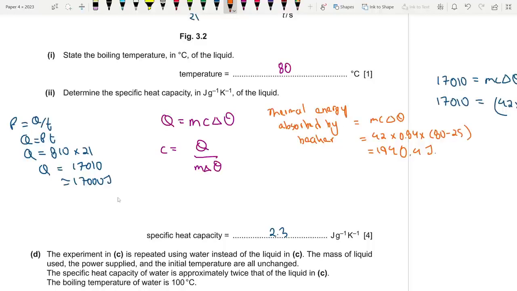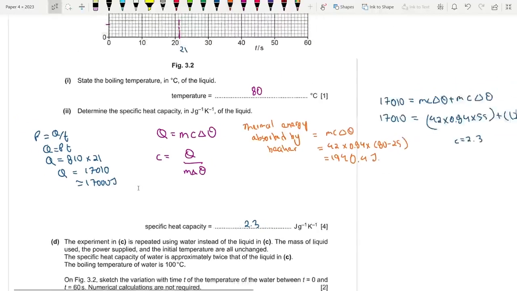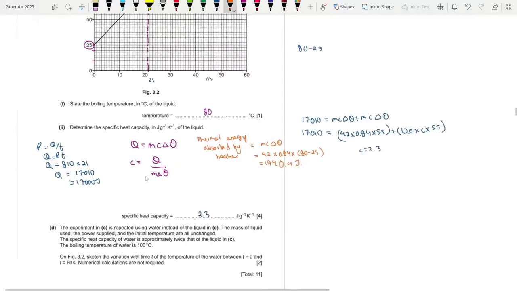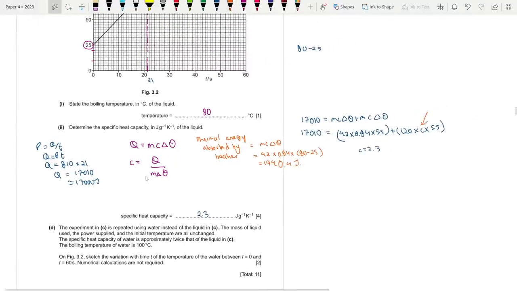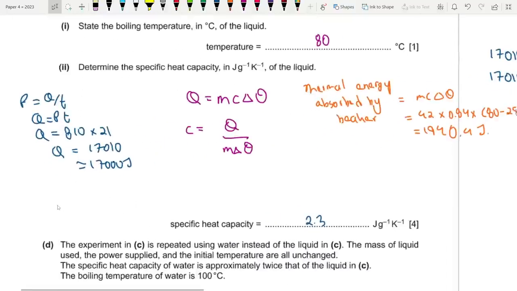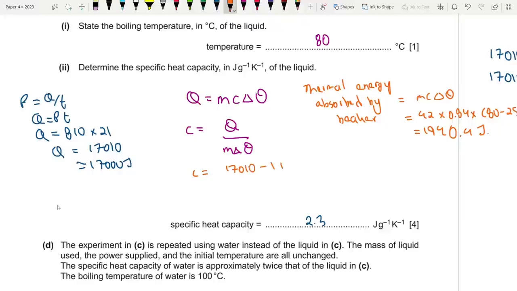Now finally, if you find out the specific heat capacity of the liquid, this C over here, if you make it the subject, it is 17010 minus 1940.4 divided by the other stuff. So C is equal to Q, which is 17010 minus 1940.4, divided by 120 grams of the liquid times del theta, which is 80 minus 25.